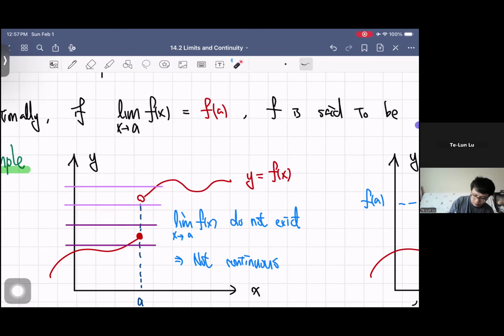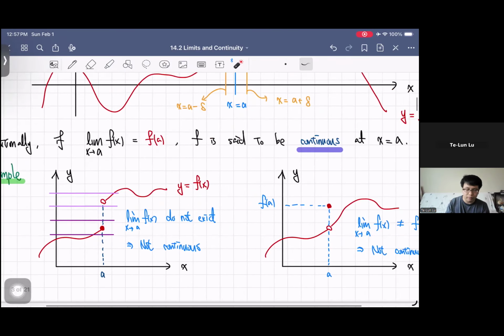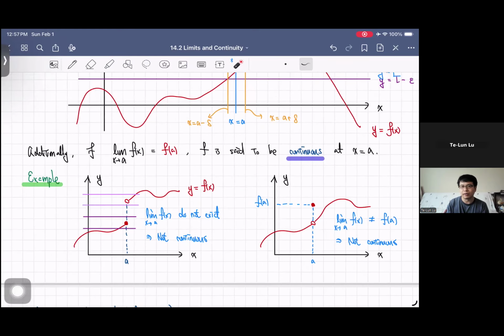Similarly, if you want to say that the limit is this number, then if I create this purple threshold, you can see that the point lying to the right of a does not fall into this threshold. It actually falls here. So that is why this limit does not exist. In particular, whenever a limit does not exist, obviously it is not continuous, because the existence of a limit is a precondition of having continuity.